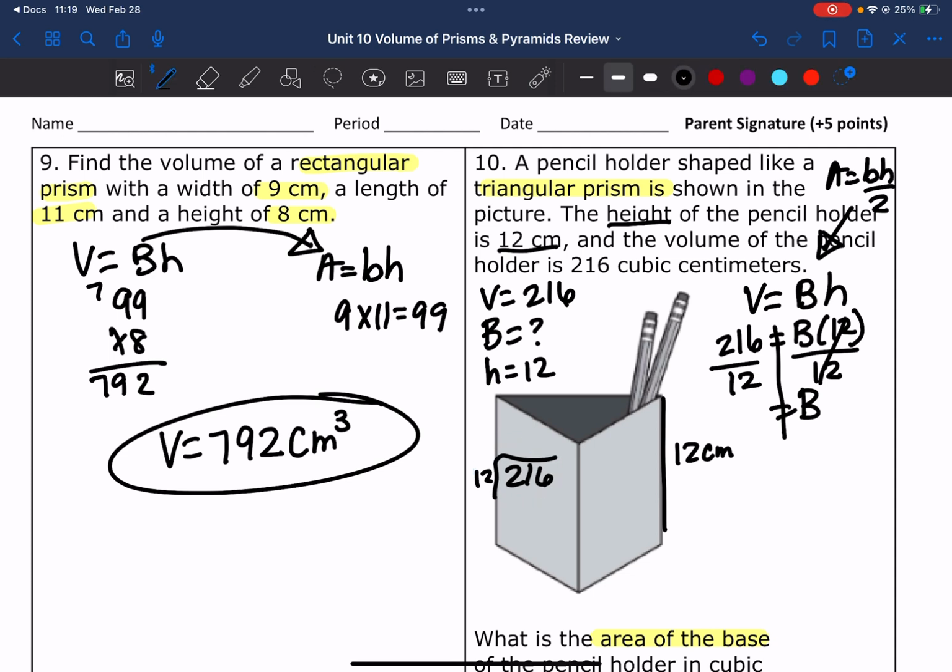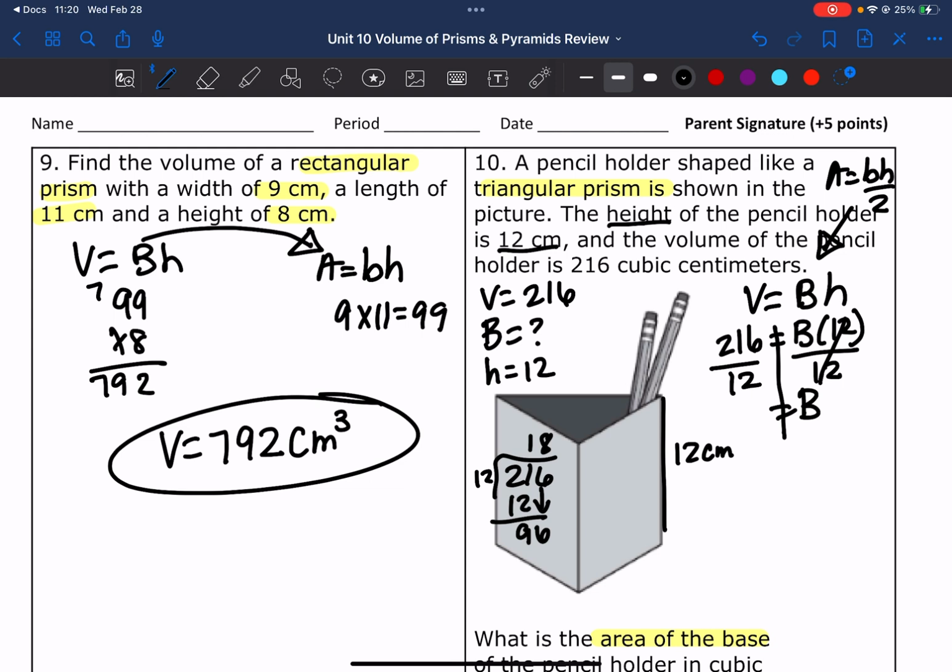12 can go into 21 one time. That'll be 12. And then 21 minus 12 would be 9. And then 12 can go into, let's see, I think into 96 8 times.